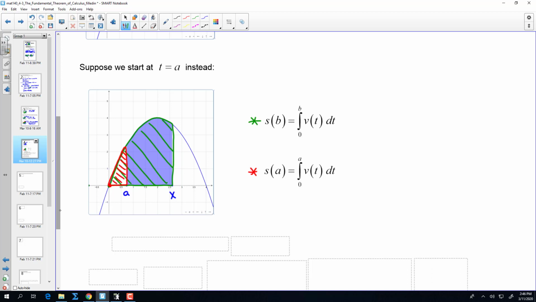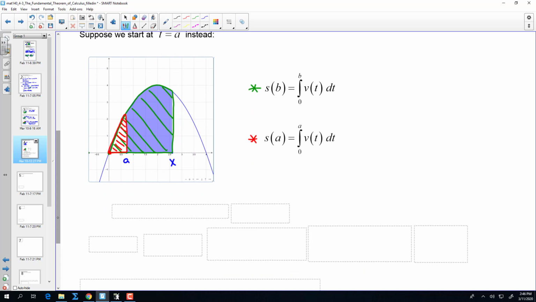Now what I want you to understand is that the total area under the curve between A and B, so let me just go ahead and tell you what, I'll scratch out X and make it B. Okay, and you know what, I'll even make A red. There, A is red.